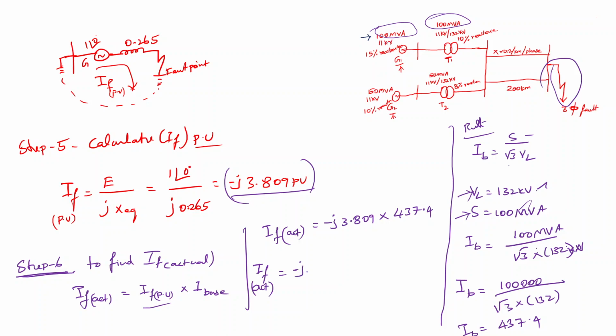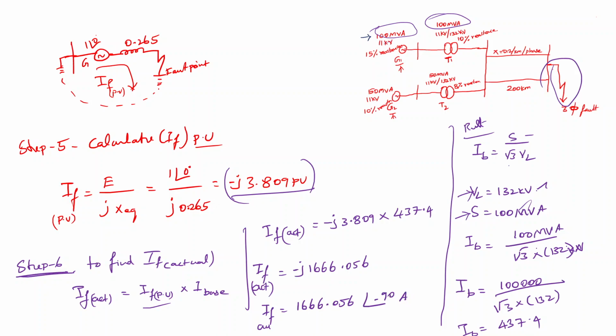Obviously it will be minus J. If I want to write in polar form, IF actual is 1666.056 angle of minus 90 ampere.